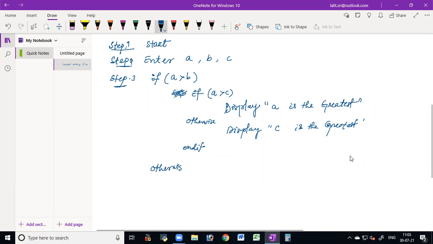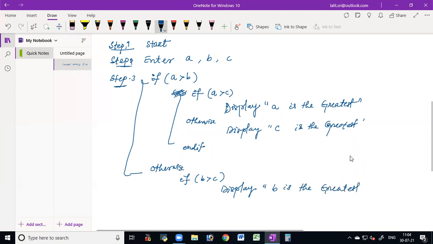that means what? This is one part. If A greater than B becomes false, otherwise if B greater than C, this otherwise means B is already greater than A. Display B is the greatest.